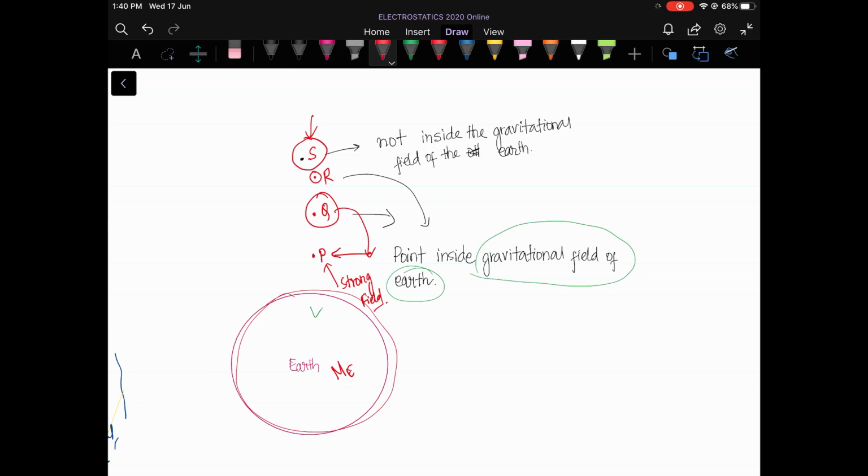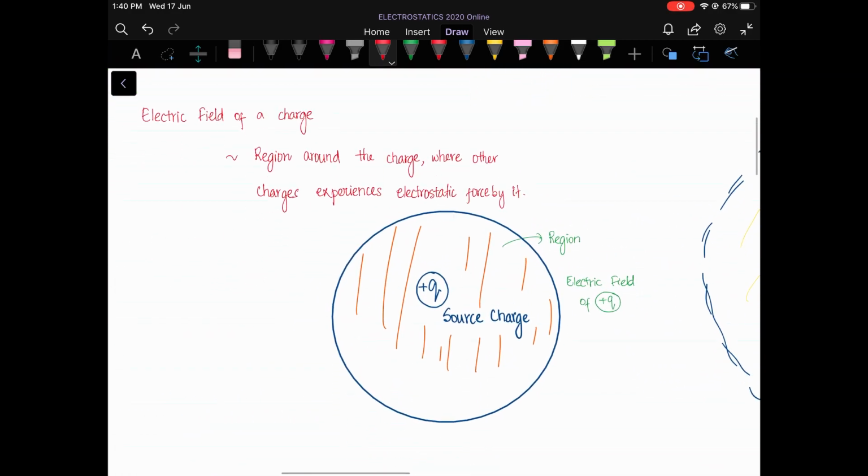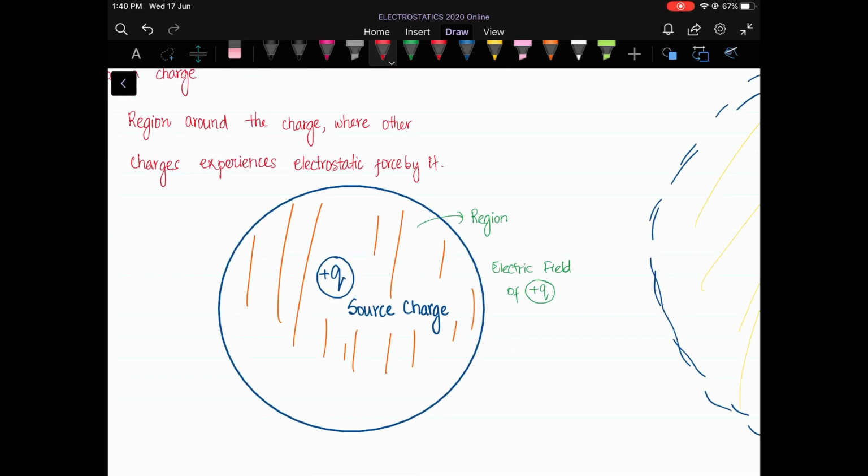The same thing happens when we take an electric charge. When I take an electric charge like plus Q, you will notice that we'll have a predefined region around it, such that if I keep any other charge, let's say Q naught, within this field, this charge Q naught is going to experience some force.